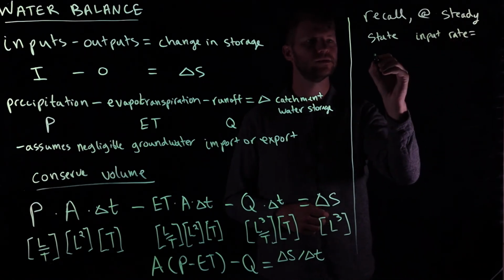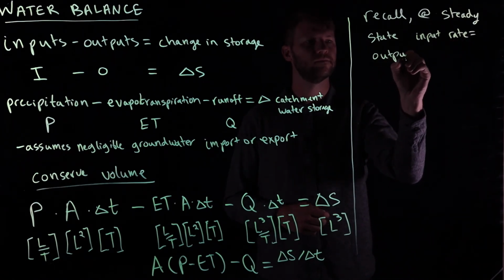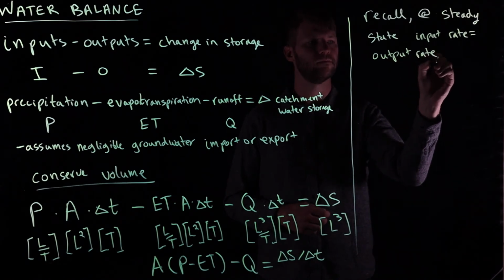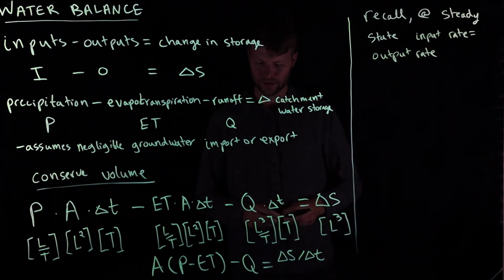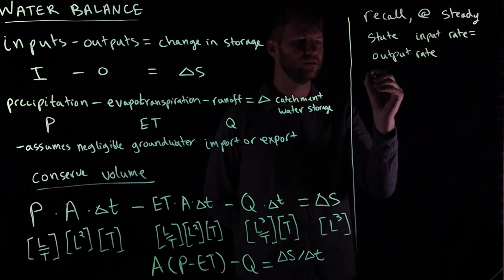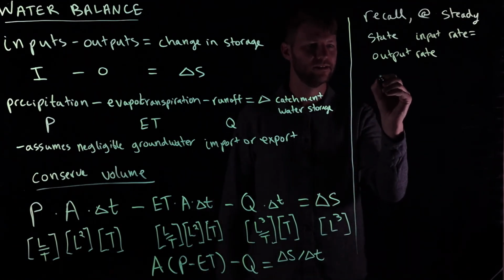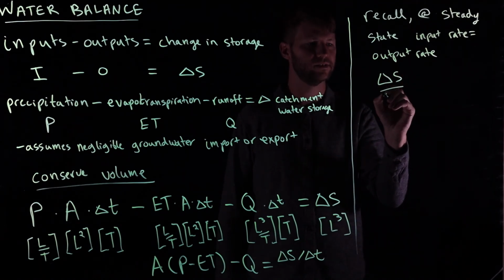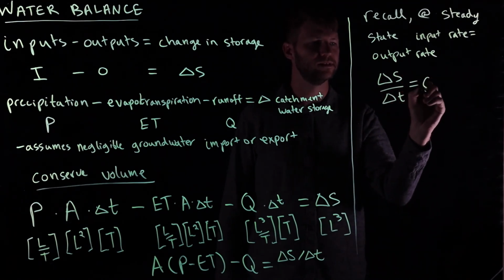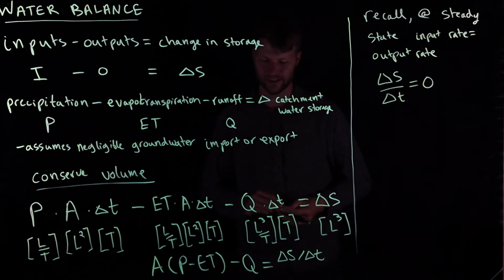Input rate equals output rate. Because the input equals the output rate, we know that these terms all cancel out. And so delta S over delta t must be 0. There is no change in storage at steady state.